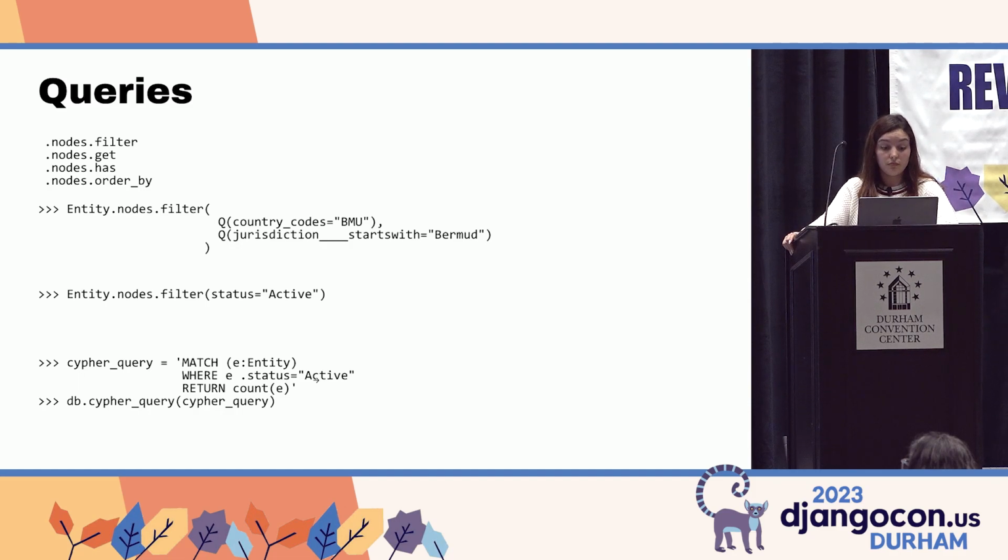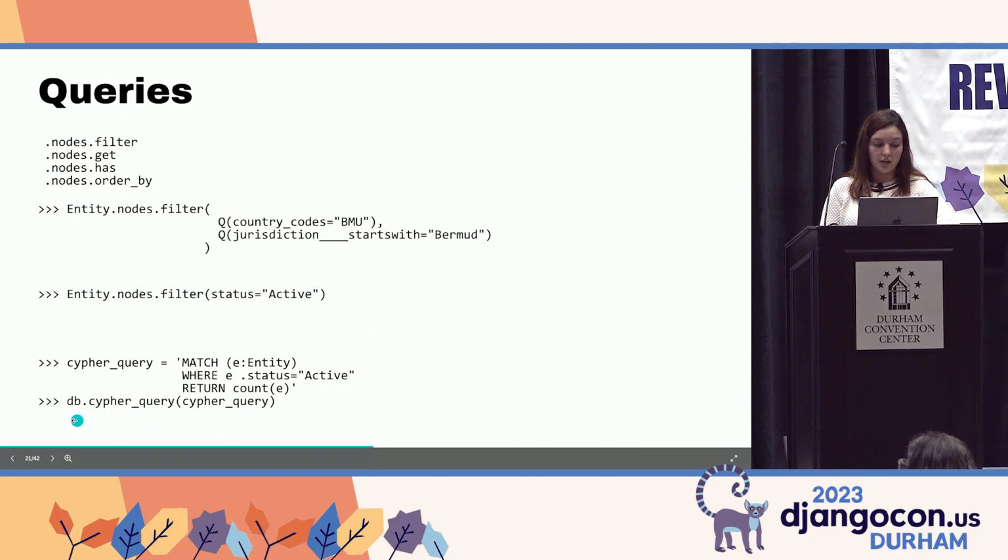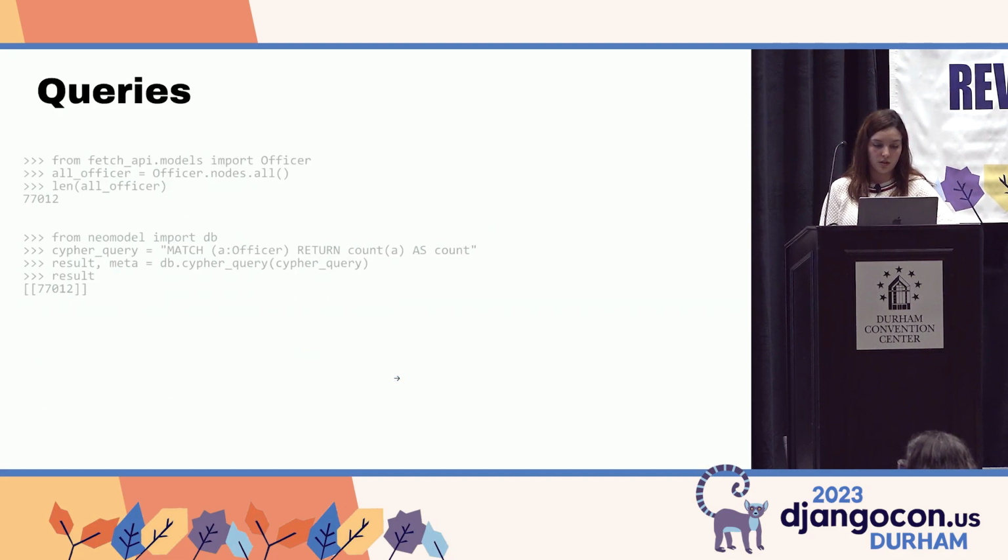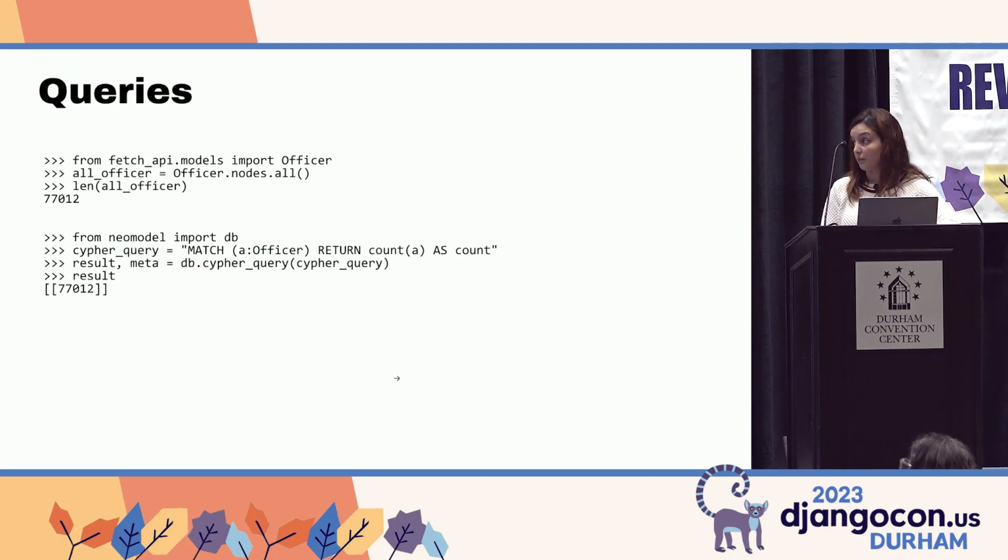And if we want a more complex filter, we can import Q from neomodel. And this could be an example of how to use it. And if we still want to use Cypher, we can. We have to import db from neomodel, and we have to write the query. This is almost the same query whether we're doing it with the API or with Cypher.